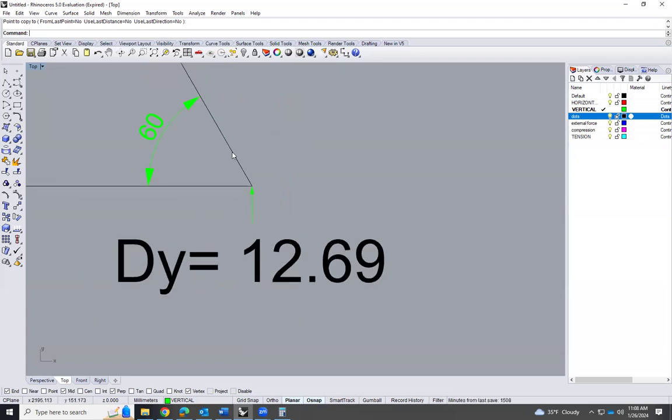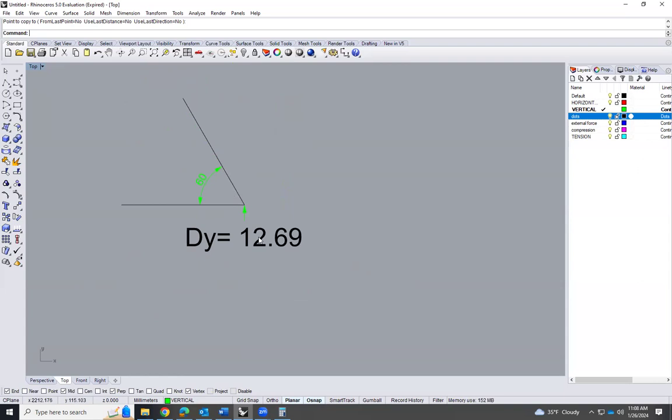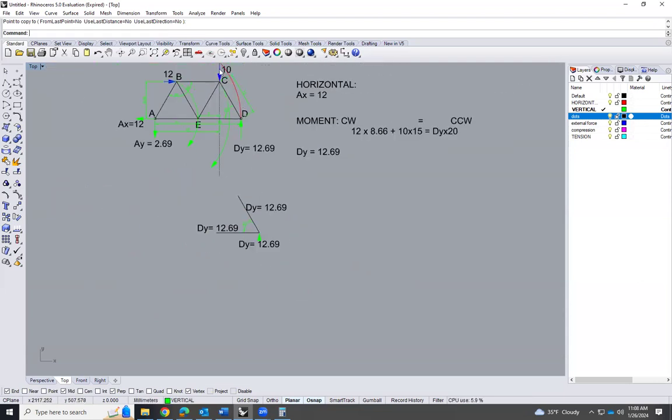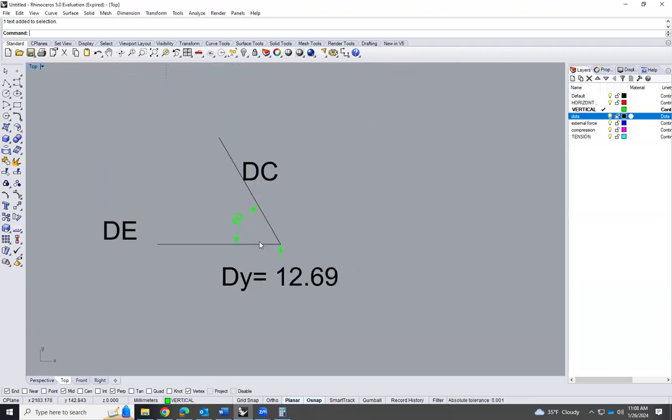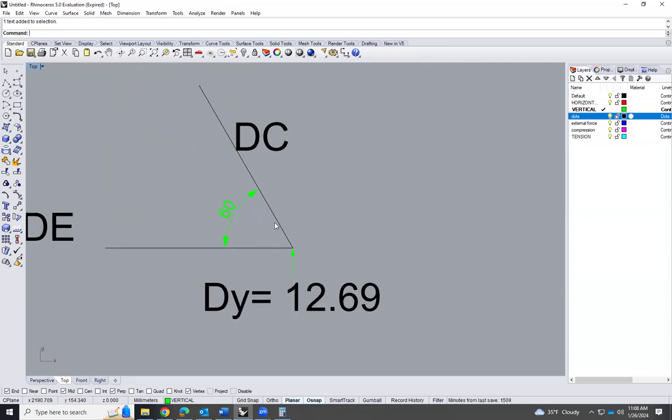And now we have this bar, and I'm going to name it. We have this bar and that one. So this one is DC. And this one is DE. So now we can assume the direction of this.